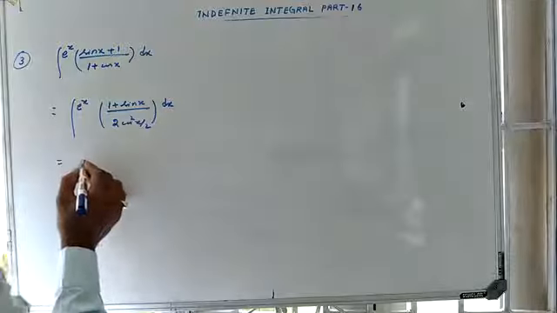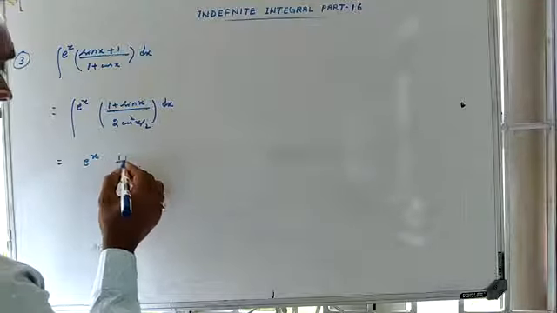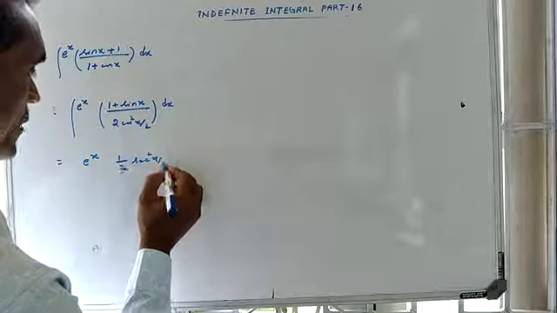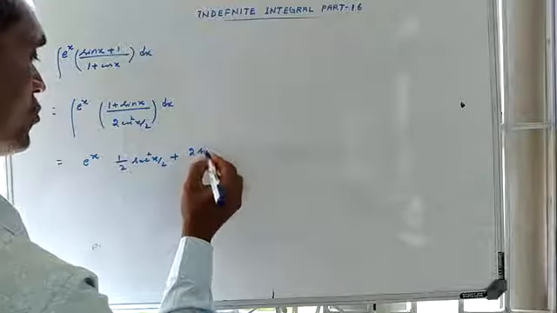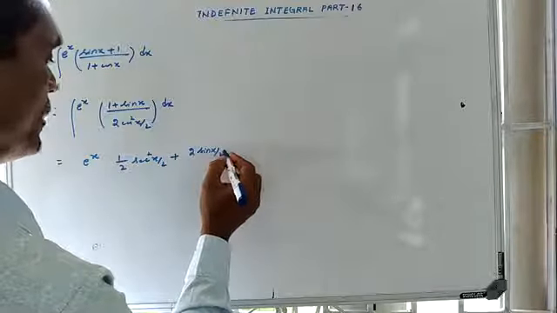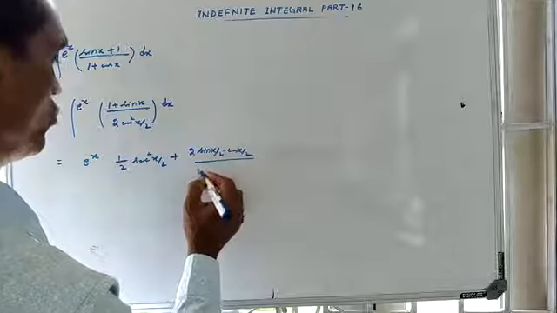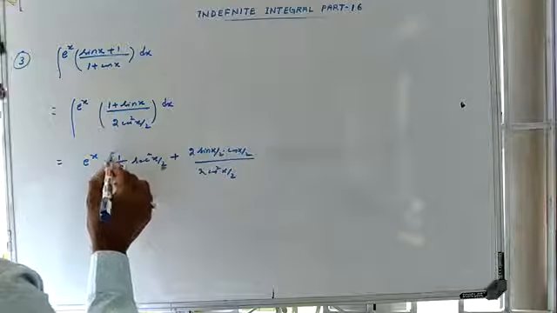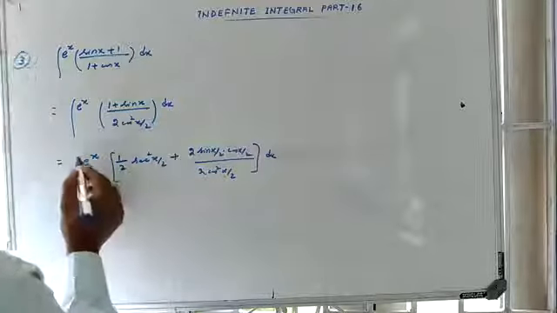Now divide it separately: e to the power x, then 1 by 2 sec square x by 2, plus 2 sin x by 2 into cos x by 2 divided by 2 cos square x by 2, dx.